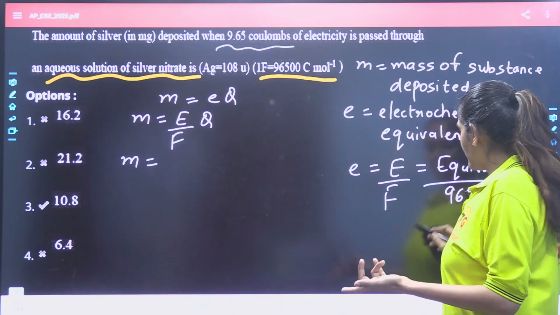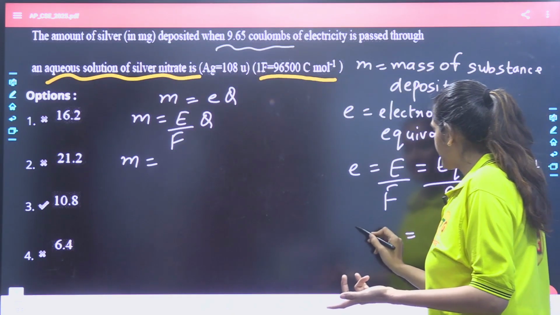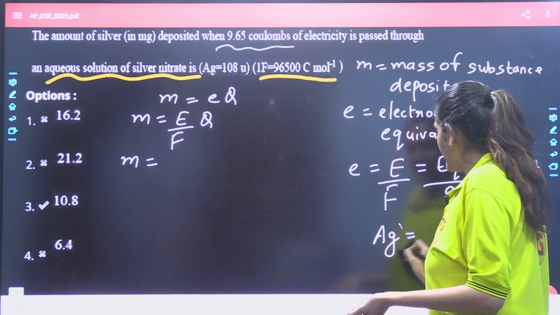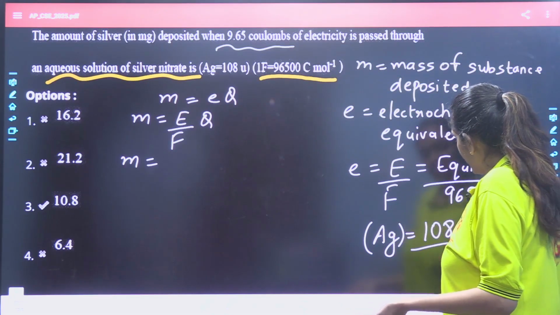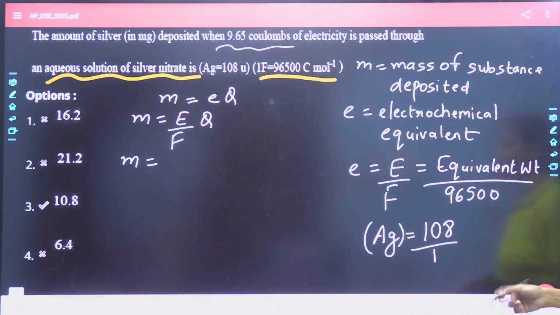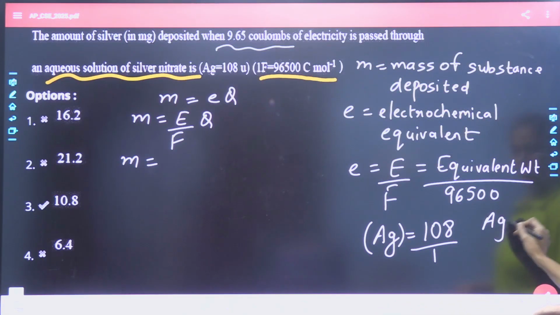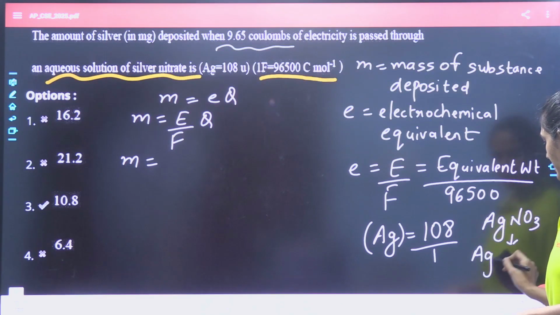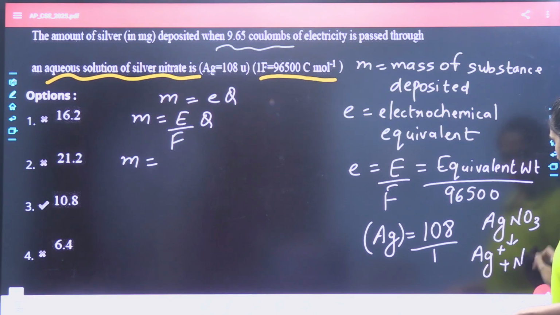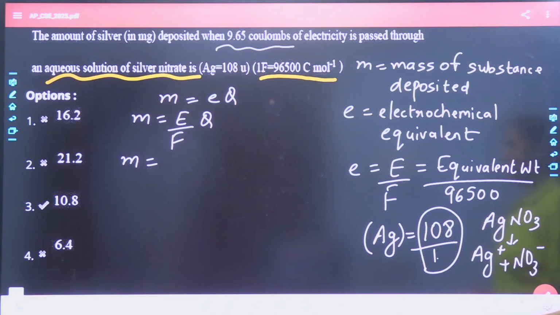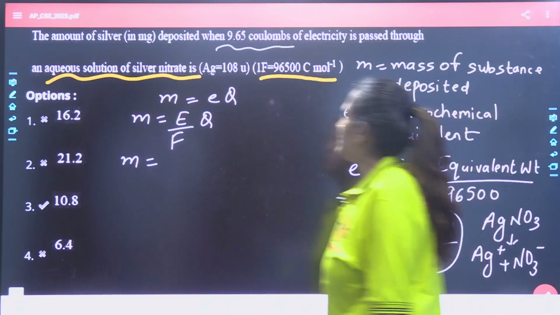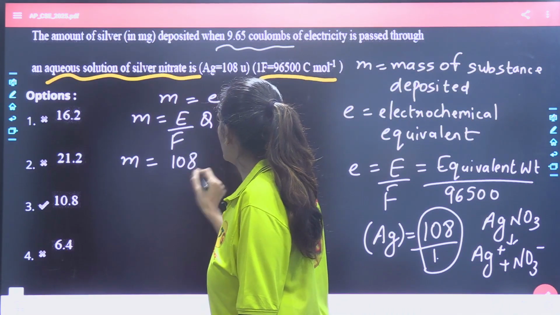Silver's equivalent weight is 108 divided by 1, because silver nitrate dissociates into Ag plus and NO3 minus, so the valency is 1 only. So the equivalent weight would be the same, 108.